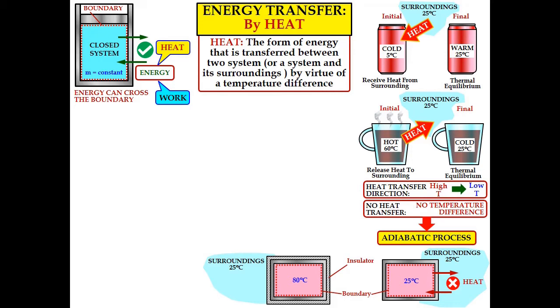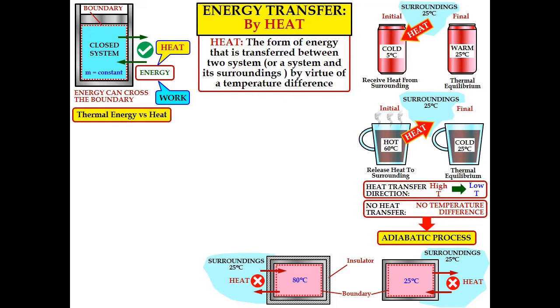Due to the perfect insulation surrounding the rigid tank, we consider that there is no heat transfer in and no heat transfer out. So for this case also, we consider the process as an adiabatic process. No heat transfer occurs for this case.